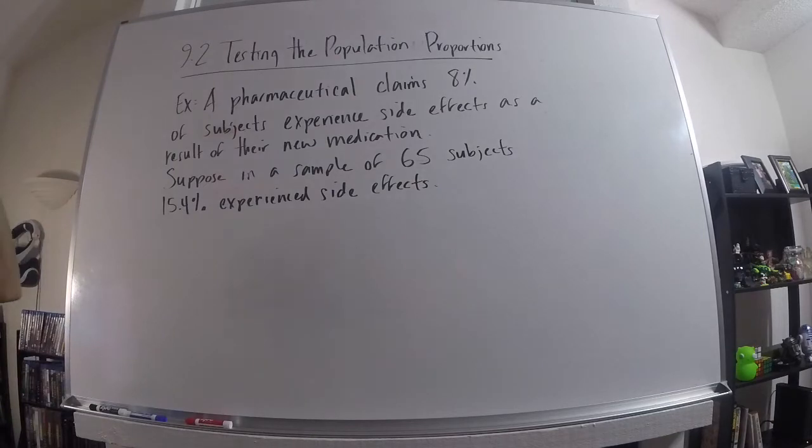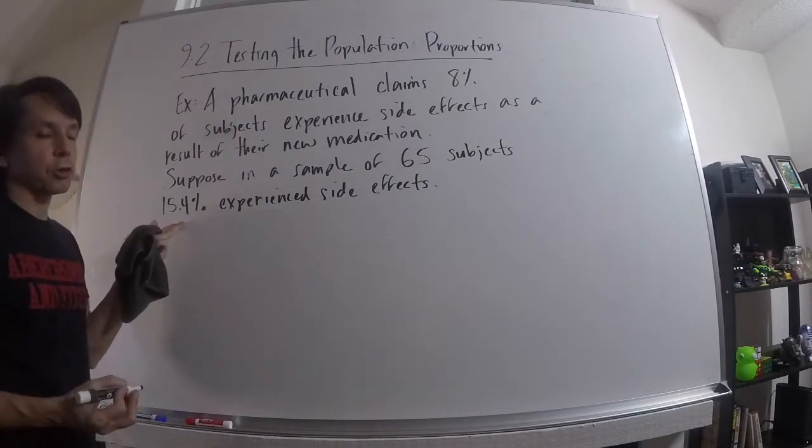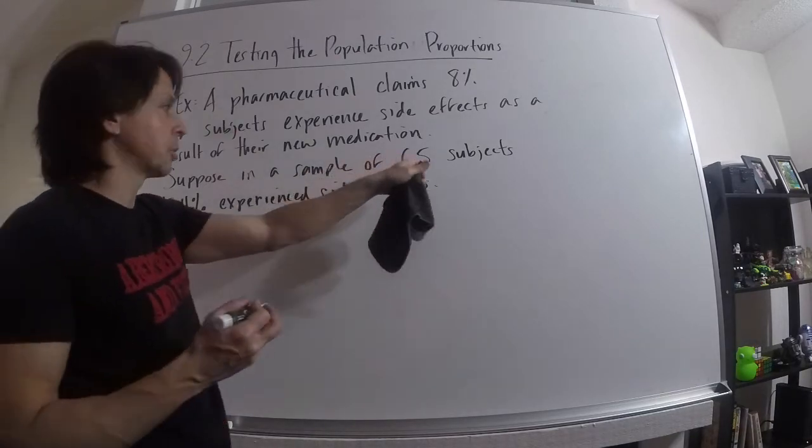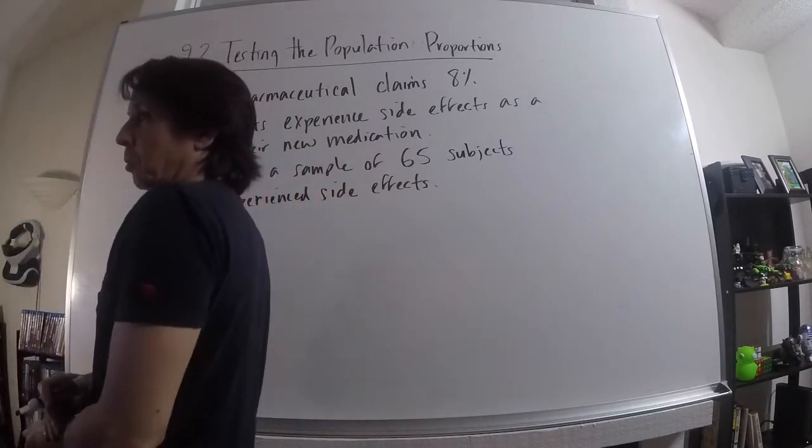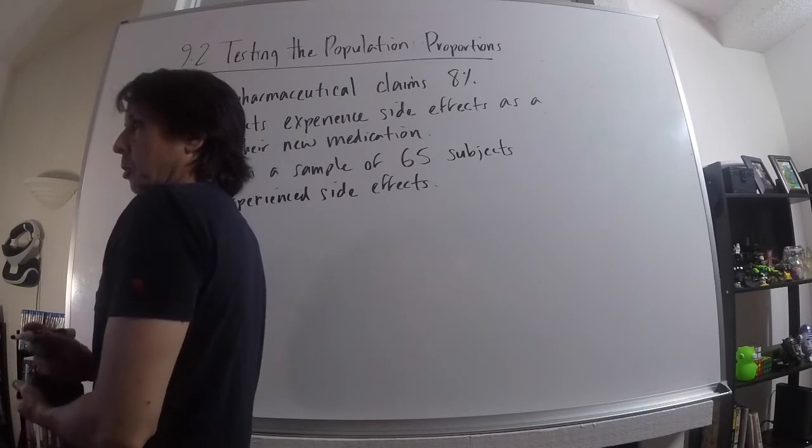That is higher than their claim, but it could be random variation. It could just be the randomness of this random sample of 65 subjects that just happen to get a lot of sensitive people, or sensitive to medication, that is.